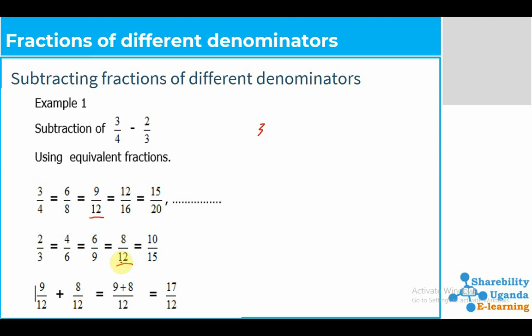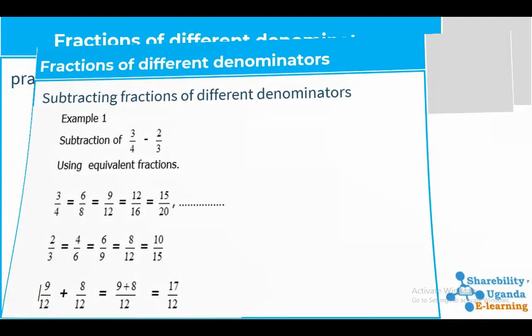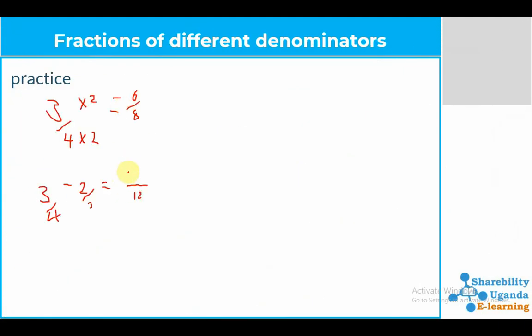So here we shall say 9 minus 8. What is 9 minus 8? We shall be able to get 1 out of 12.